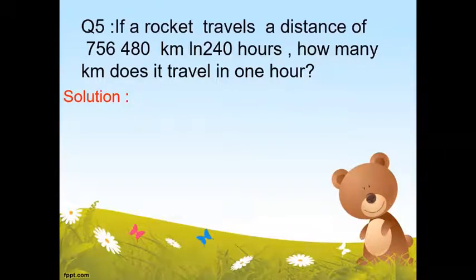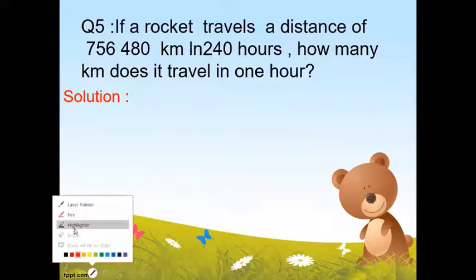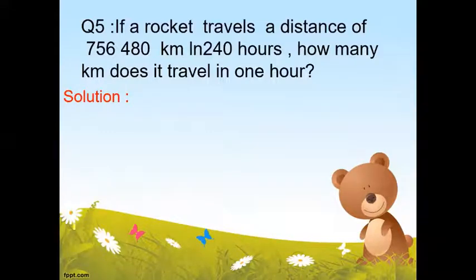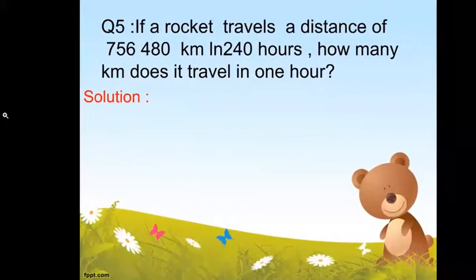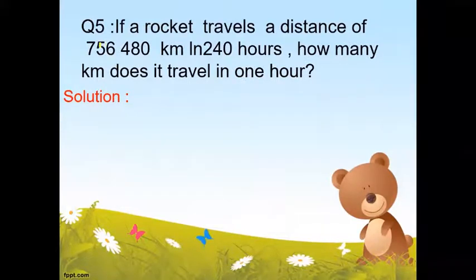Question number 5 is, if a rocket travels a distance of 756,480 kilometers in 240 hours, how many kilometers does it travel in 1 hour? So here we know that 756,480 kilometers are traveled in 240 hours, and we want to calculate about 1 hour.